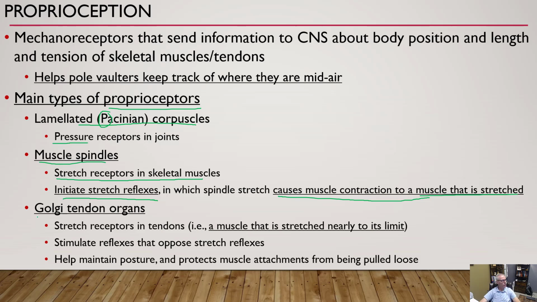We also have these Golgi tendon organs that are in the tendons, hence the name, that will be activated once a muscle is stretched to its limit. So the muscle spindles work on the muscle, but the Golgi tendon organs work on the tendon, and they also stimulate a reflex that opposes the stretch reflex, and they help maintain posture and provide muscle attachments.